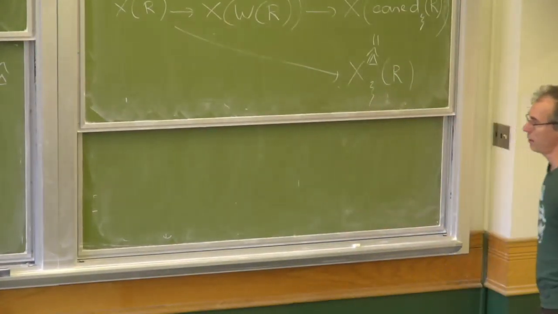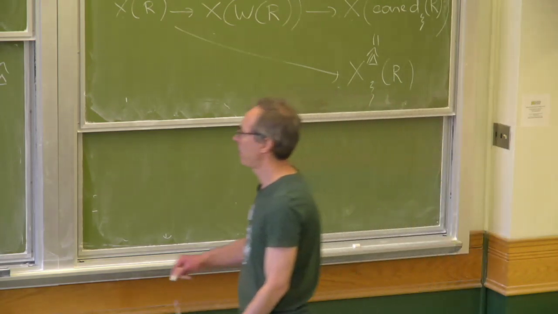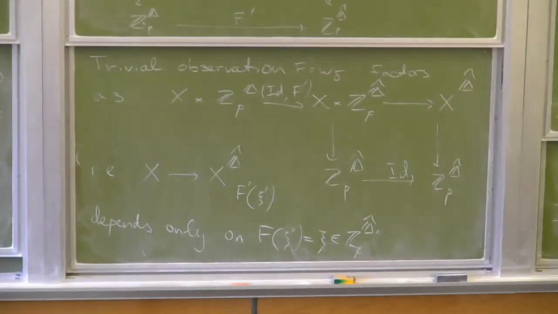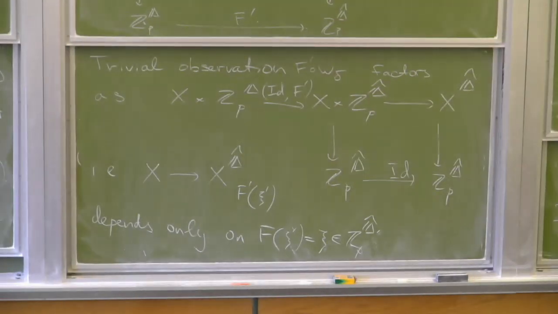Okay, so this is a trivial observation. So we have this map. Your construction or alternative definition is given on that blackboard. Yes. So what is this?